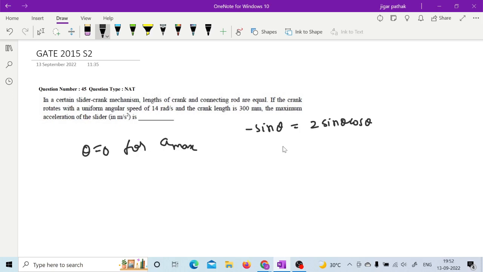How are you getting minus 1 by 4? Sir, it's minus 1/4, because the differentiation of cos 2 theta is minus 2 sin 2 theta. Yes, correct. Okay, so if we go by that, then we have cos theta equal to minus 1 by 4.